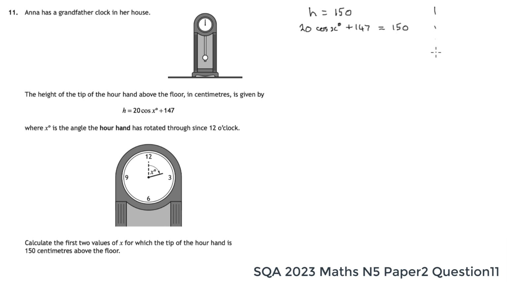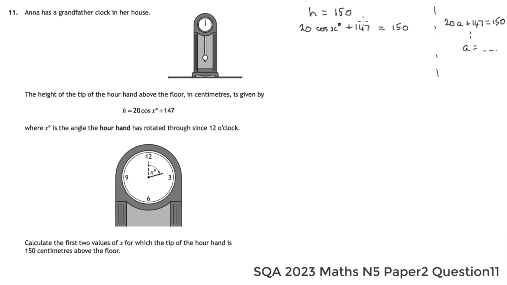Now normally in equations like this, if you have something like 20a plus 147 equals 150, you would move all these things around to get a on its own, and you'd get an answer a equals. Well, we'll do that, but this time we'll get an answer for cos x.